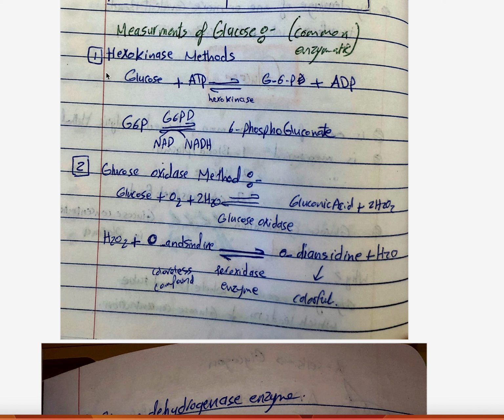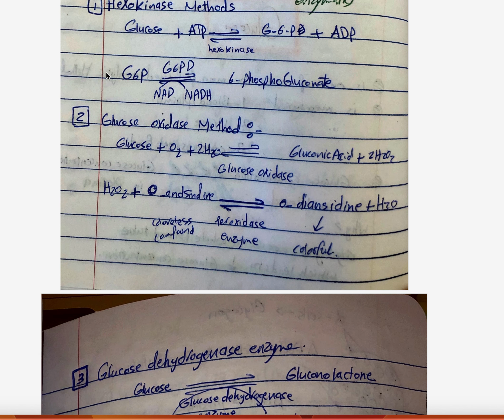Then the other method is the glucose oxidase method. It's just to turn it to H2O2, and then the H2O2 with the colorless compound, by the help of the peroxidase enzyme, turns to the colorful substance plus H2O. Then we know that there is glucose here. So we use two enzymes actually. One method is hexokinase, the other method is glucose oxidase.